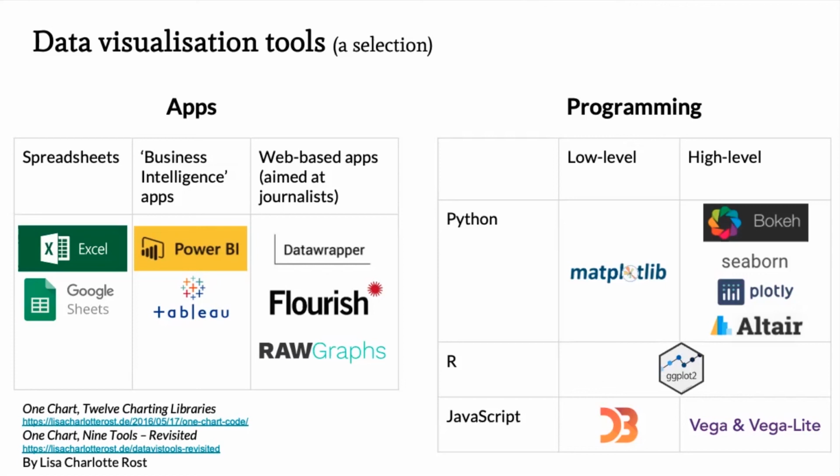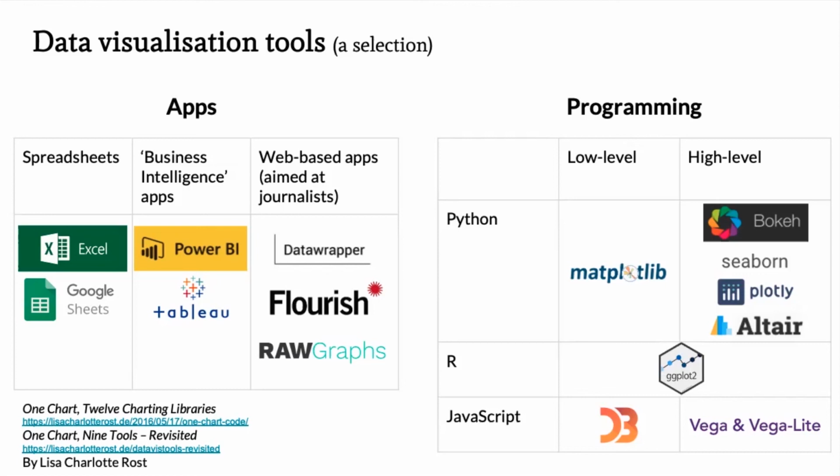There are business intelligence apps, or BI apps, like Power BI, which is the Microsoft one, or Tableau. They're really data visualization tools, which are, as it says, set up for business intelligence. So it's really making dashboards for companies, but actually these are very powerful in terms of creating different kinds of visuals.